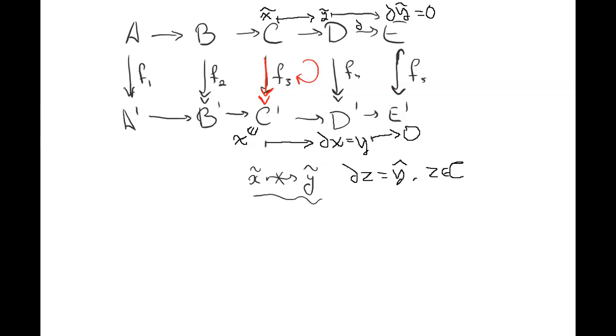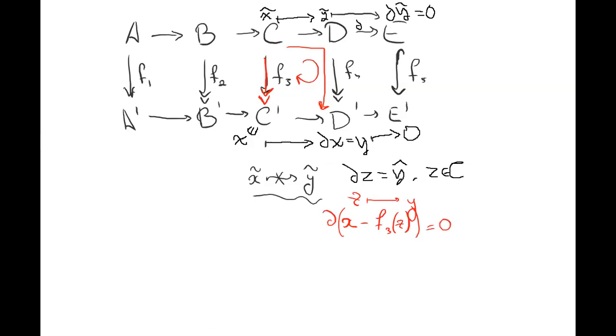So you know that Z maps to Y along these edges. So it means that it maps somewhere. Well, this means that X minus F3 of Z is a cycle.